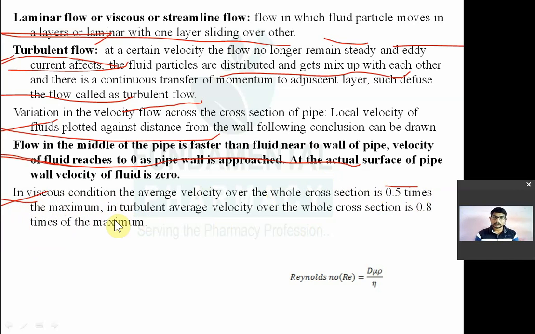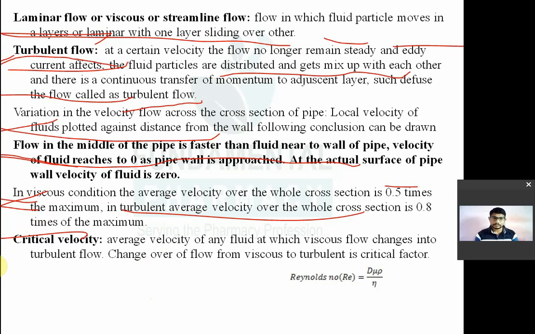Okay, and in case of turbulent flow the average velocity over the cross section of the pipe is 0.8 times the maximum velocity. That means turbulent flow में देखो velocity ज़्यादा है और viscous flow में या फिर streamline flow या फिर laminar flow में velocity कम होता है. ठीक है, critical velocity.